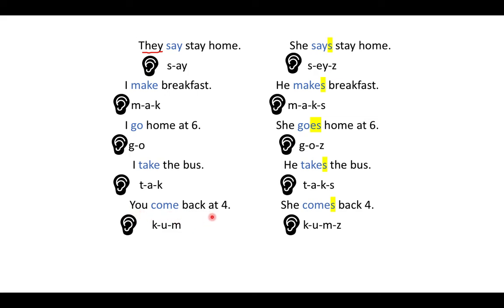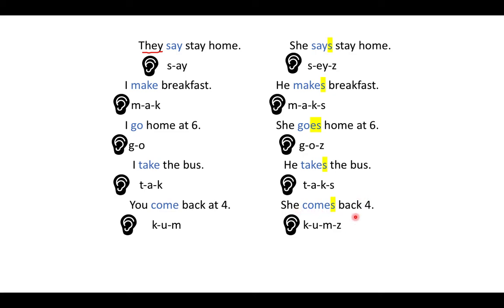You come back at 4. You come back at 4. This one, because we say she, we need an S at the end. She comes back at 4. Oh, I forgot the at right there.